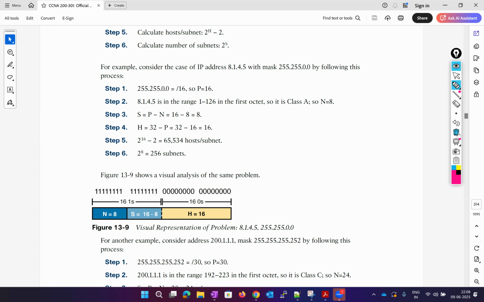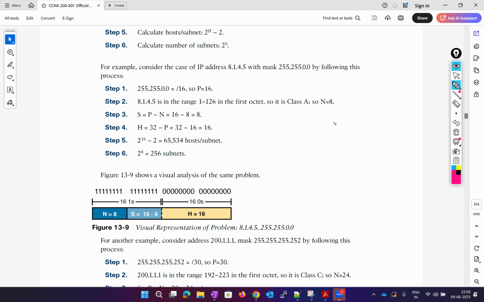So the question says, this is your IP address and this is your address mask. Find out the prefix, the network bits, the subnet bits, the host bits, the total number of subnets, and the total number of hosts. Okay, this is the problem.